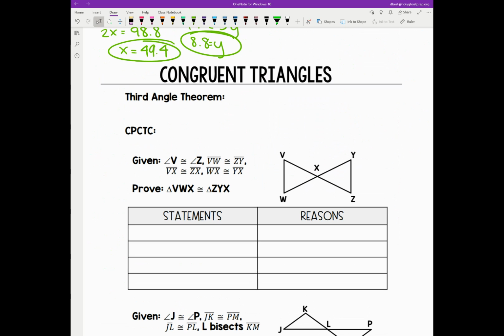So using what we know about congruent figures, we have two things that are going to be helpful to us moving forward.